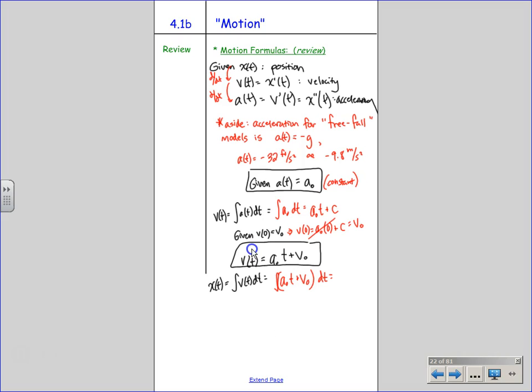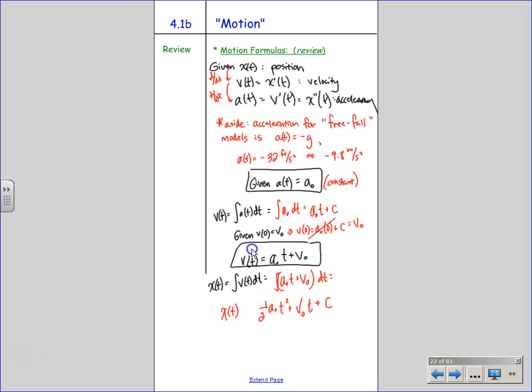So what would be the power rule if you have t to the 1? T squared over 2, which would be the same thing as 1/2 a sub naught t squared. Plus, how do we take the integral of a constant? Add an x, but in this case a t. Then don't we still need a plus c?